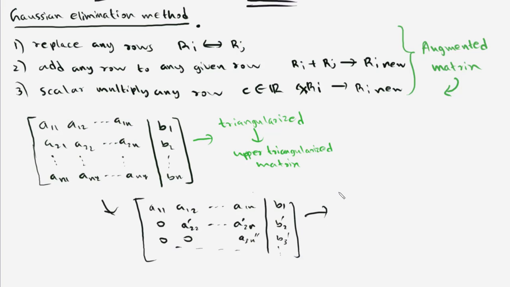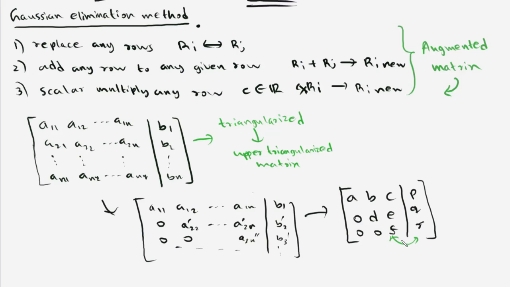So it will be like this: D, E, F, then 0, and P, Q, R. If we triangularize our augmented matrix, then we can easily solve it. F will be equal to R, then D plus E will be equal to Q. Likewise, we can solve our augmented matrix.